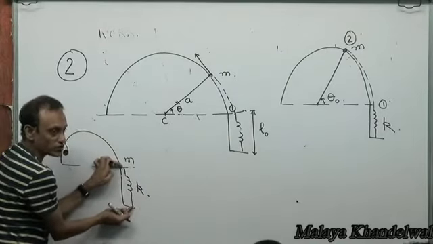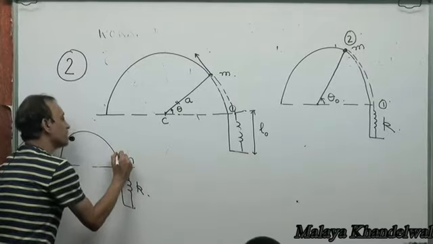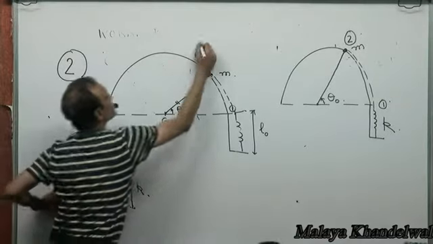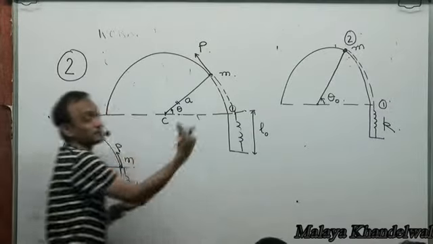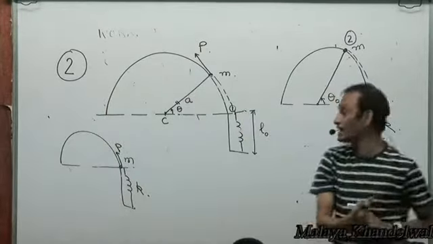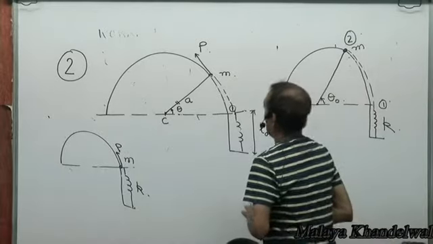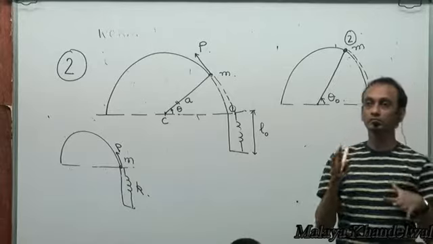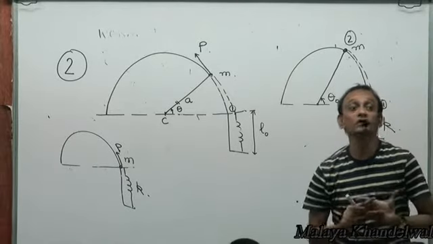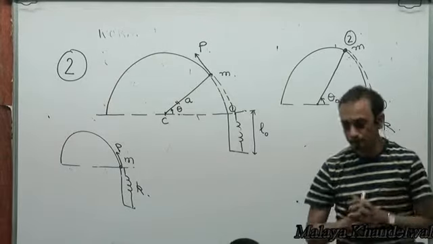And there was a force P, let's say, that was tangentially pulling the mass M, making sure that the mass M essentially did not develop any velocity.